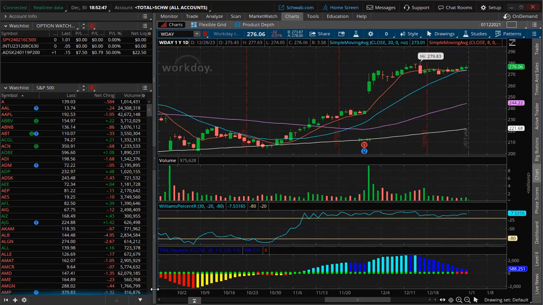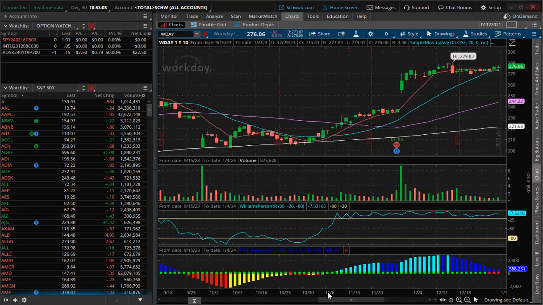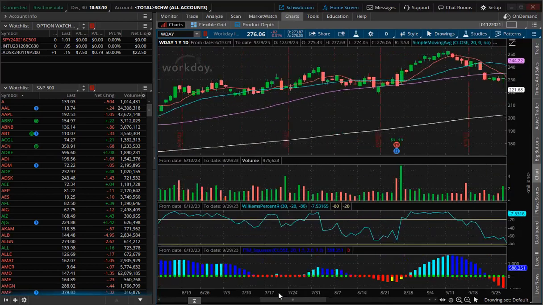The bottom TTM squeeze indicator is another way to visualize the movement of the stock price. And I like to see it in harmony with the Williams percent R when I'm considering a trade. The red dots appearing on the bottom indicate that the price is getting ready to make a big move, either up or down.